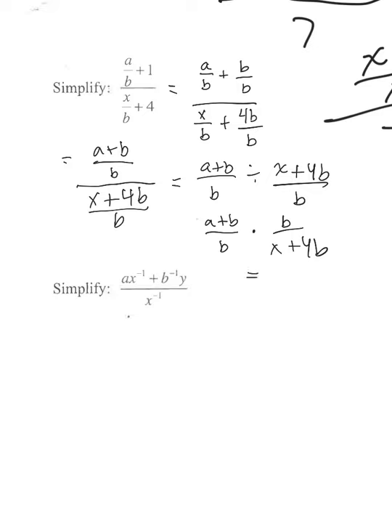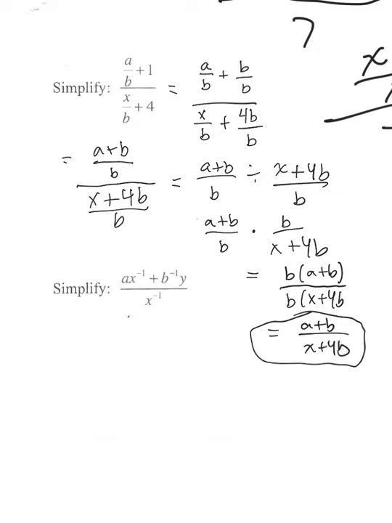Go across top and bottom, we end up with b times a plus b on top, and b times x plus 4b on the bottom. We can divide out a b because that's a common factor at the top and bottom. And so our final answer is a plus b over x plus 4b.